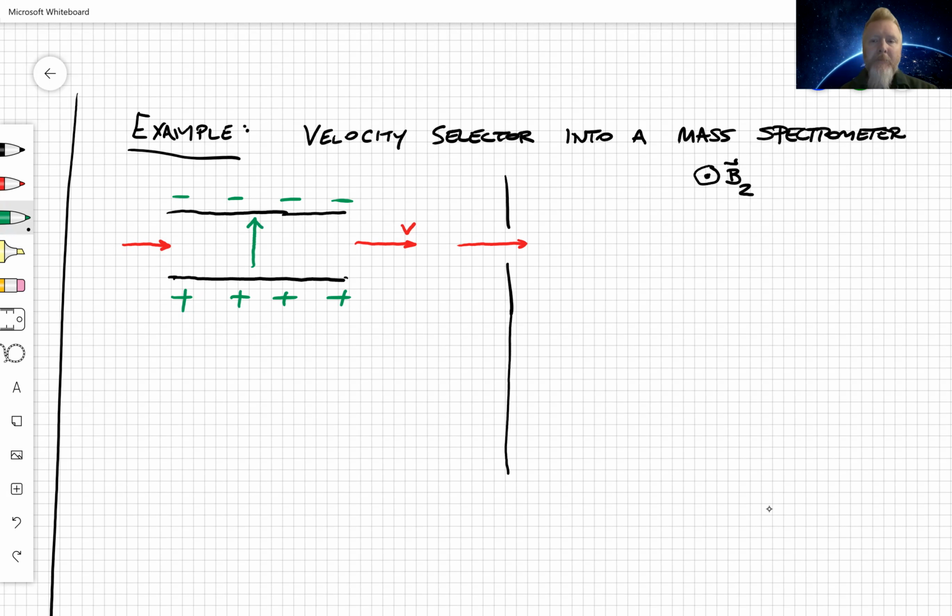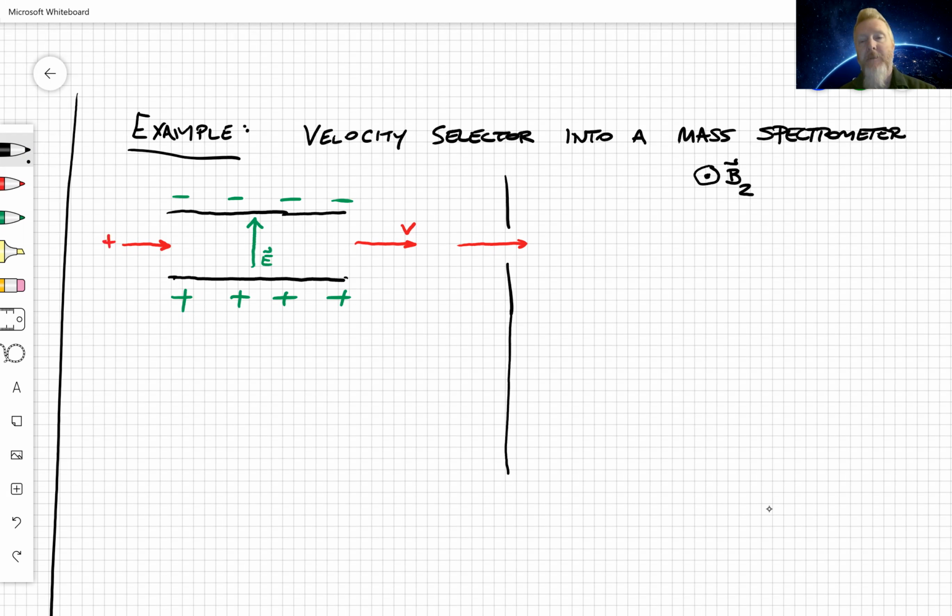Let's also assume that these charges are positive, just for ease. So there is the positive charge coming through. And the electric field inside here is going to cause the positive charges to go curving upwards.